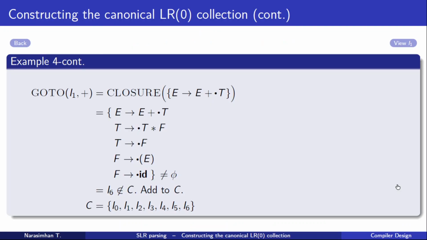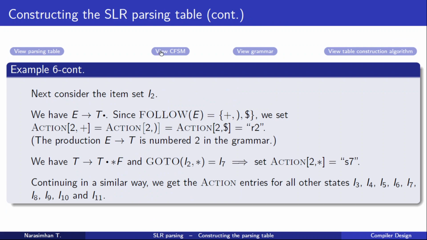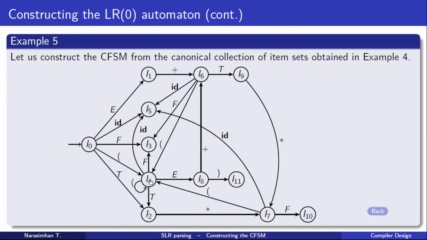Now I6. In I6 you have two shift items, right? So you need to find go to I6 comma left parenthesis and go to I6 comma ID. I6 on left parenthesis takes you to I4. So the entry should be S4.